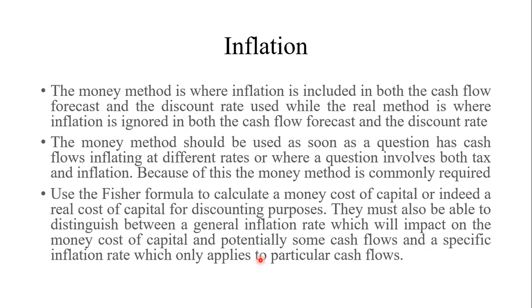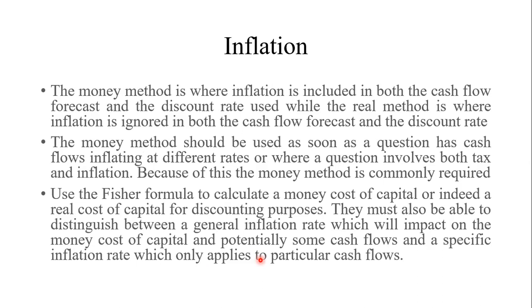Okay, let's talk a bit more about inflation. The money method for inflation is where inflation is included in both the cash flow forecast and the discount rate used, while the real method is where inflation is ignored in both the cash flow forecast and the discount rate.